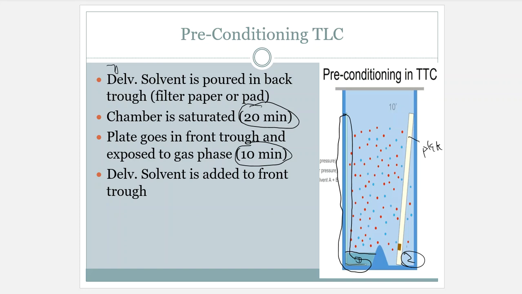And then that gas phase is latching onto the surface of that plate, aka silica, or whatever stationary phase you are using. We are allowing that plate to be preconditioned to the gas molecules before we allow the plate to begin the process of separation. After that 10-minute period is over, we go back and add the developing solvent into that trough, and we allow the plate to suck up after that.